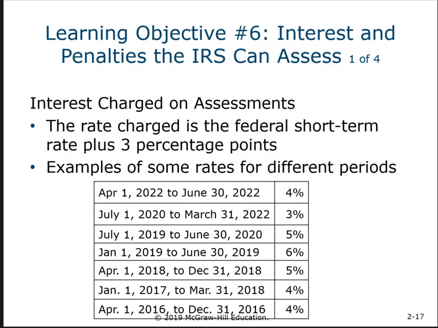Say you file your tax return, but you don't pay the amount you owe, then they're going to charge you interest. Okay, and the interest is based on the federal short-term rate plus 3 percentage points. And here's some examples of where it is. Not a really high rate, at least it hasn't been for a long time because we had very low interest rates. But that federal rate is now much higher.